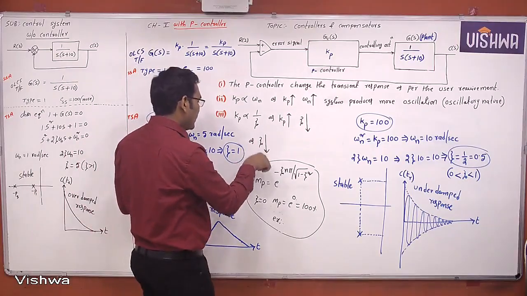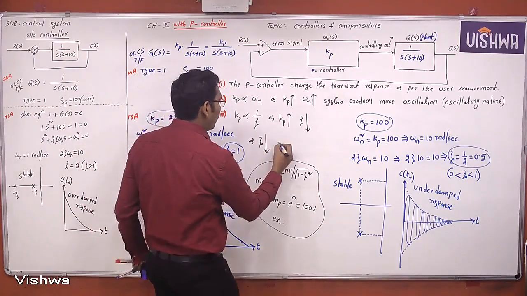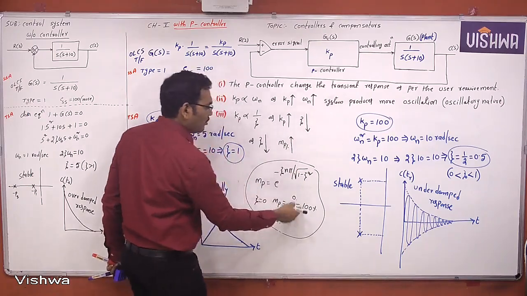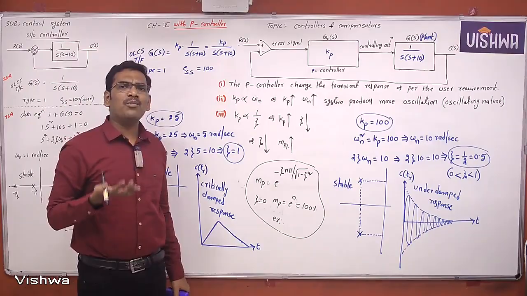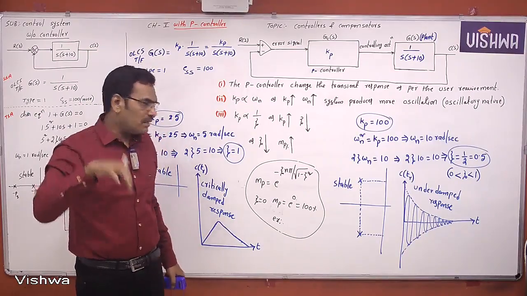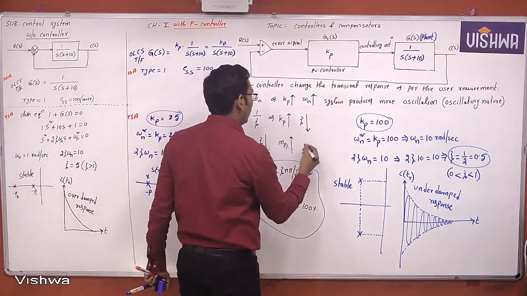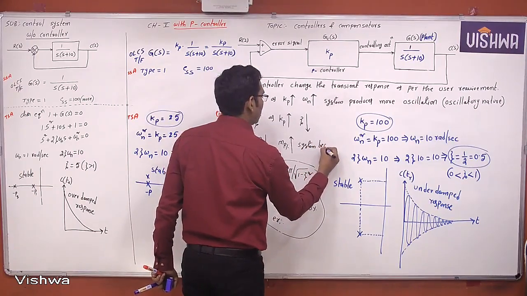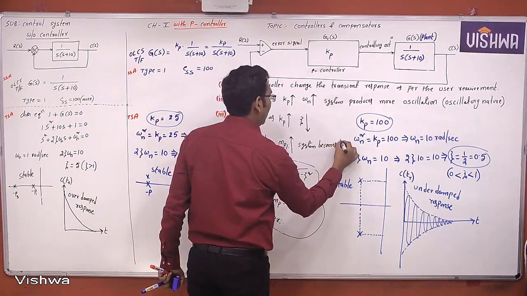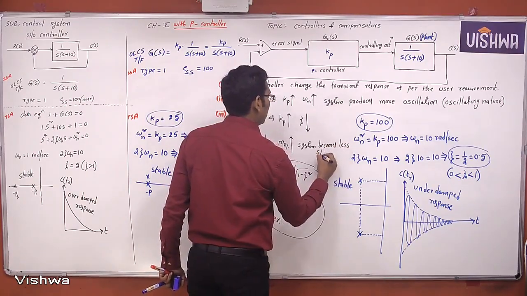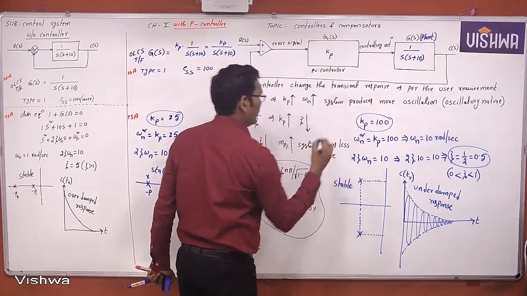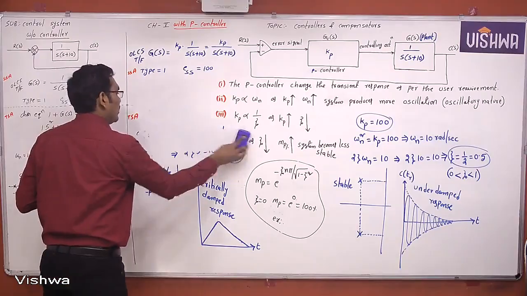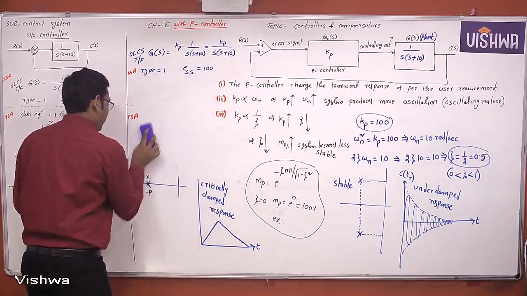As damping factor zeta decreases, peak overshoot increases. When peak overshoot is more, system becomes less stable. Understand or not? Now students, these are the very, very important points when you come with P controller.